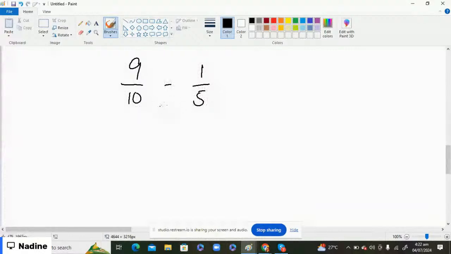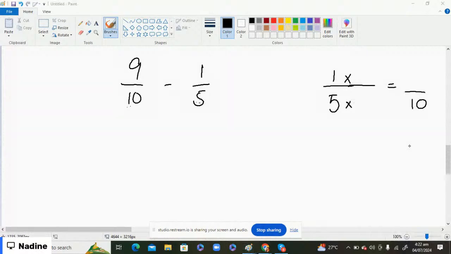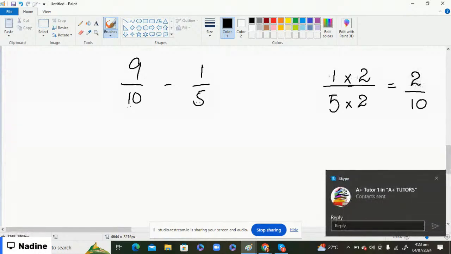So which is the smallest denominator? As we know, this is 5. So we just make this 5 equal to 10. We're going to put 1 by 5 here, multiplying and dividing by the same number. Which number do we multiply 5 by to get 10? 5 times 2, the same number in the numerator as well as in the denominator. 2 times 1 is 2, 2 times 5 is 10.